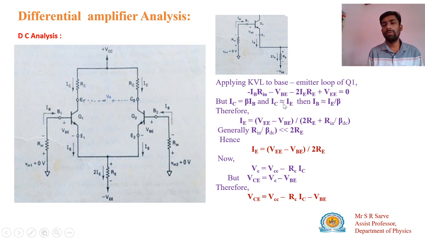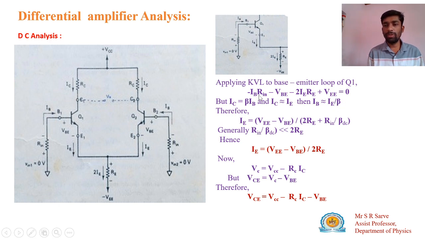Due to that, we can assume that the current across the collector is nearly equal to the current across the emitter. So IB is equal to IC divided by beta, and we replace IC with IE by this assumption. So this equation will be IE divided by beta.